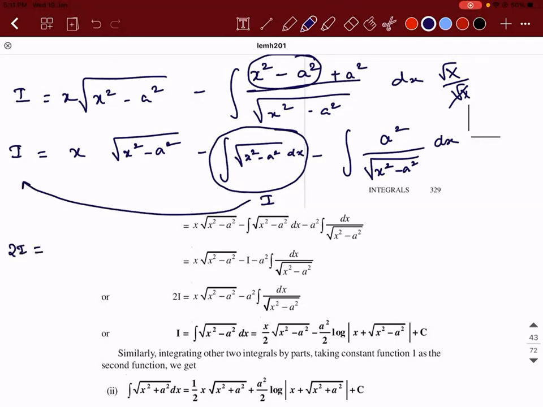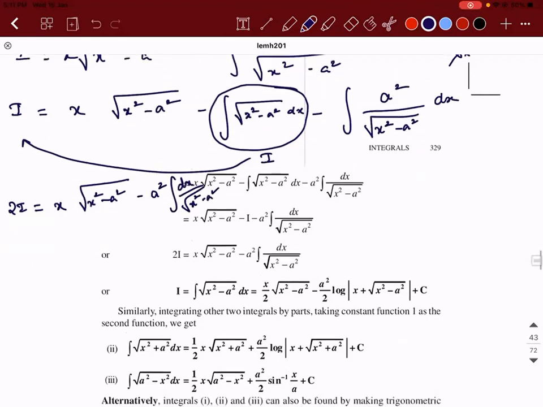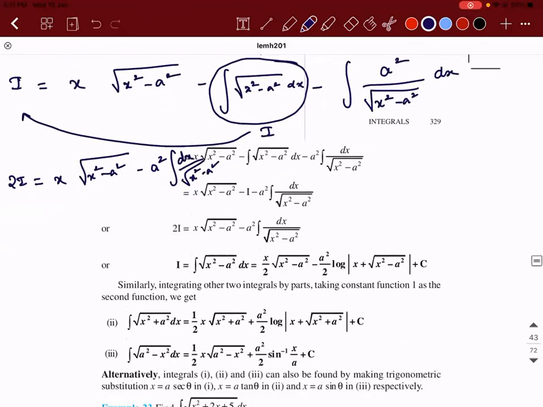It becomes 2I is equal to x into root of x square minus a square minus a square into integral of dx divided by root of x square minus a square. So I will be equal to x by 2 into root of x square minus a square minus a square by 2 into dx by root of x square minus a square, which will give us, there is a formula, log of x plus root of x square minus a square plus c.